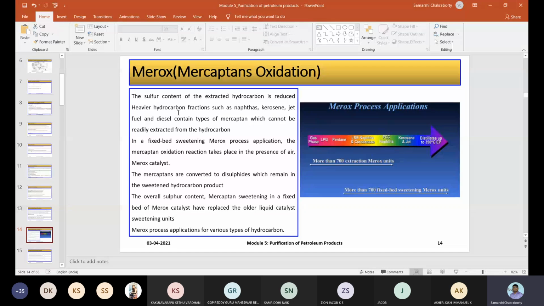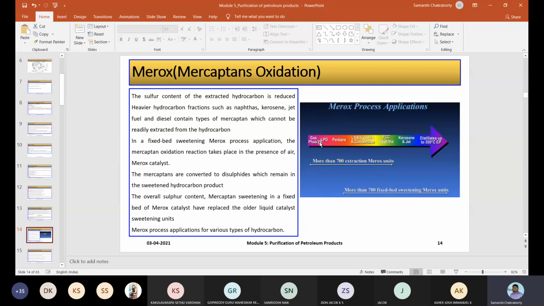So coming on to this slide, this slide is actually talking about different types of application. Starting from gas phase, LPG, pentane, naphtha, condensate, FCC naphtha, because after cracking, cracker naphtha also, other than that, the lighter product that comes out of your atmospheric distillation unit, that also you can process.